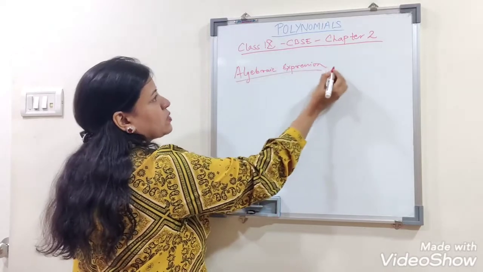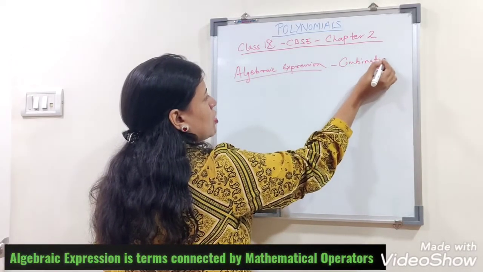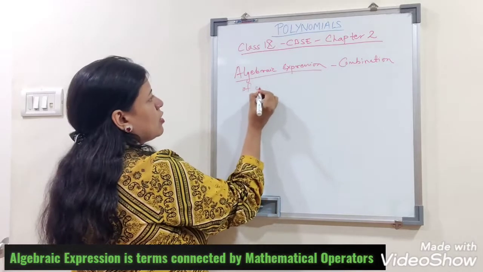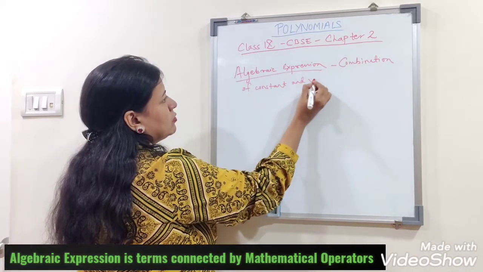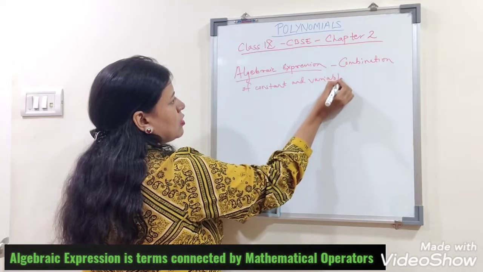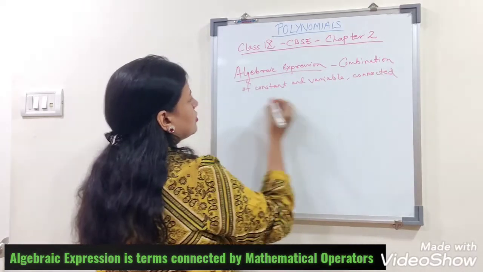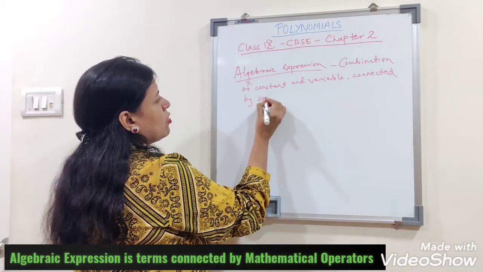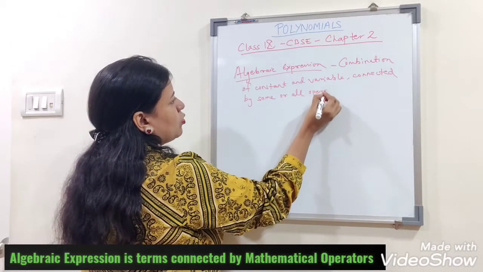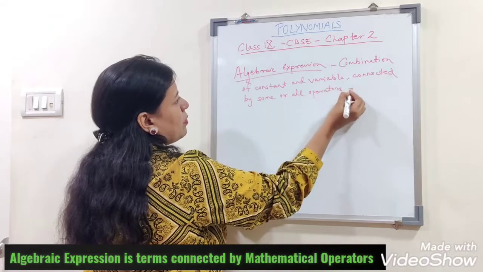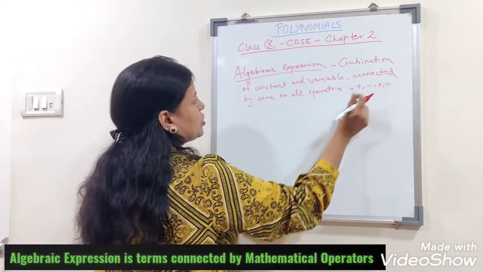So algebraic expression is a combination of constant and variable connected by some or all operators. With what operators? Mathematical operators like plus, minus, multiplication, division.